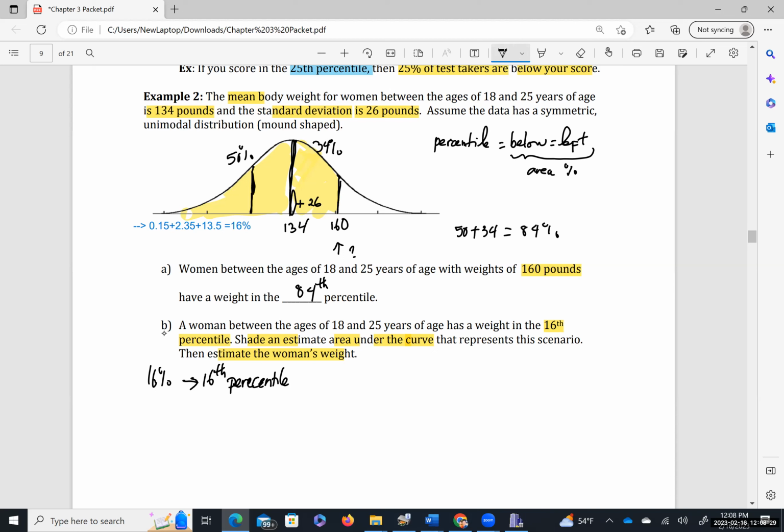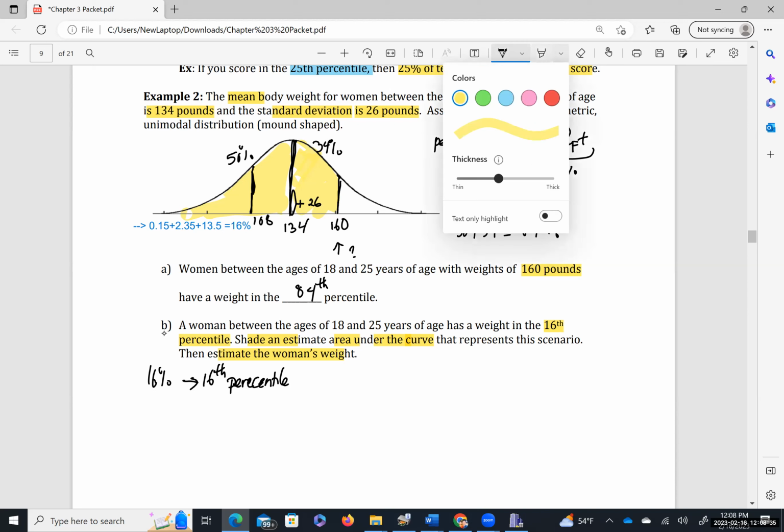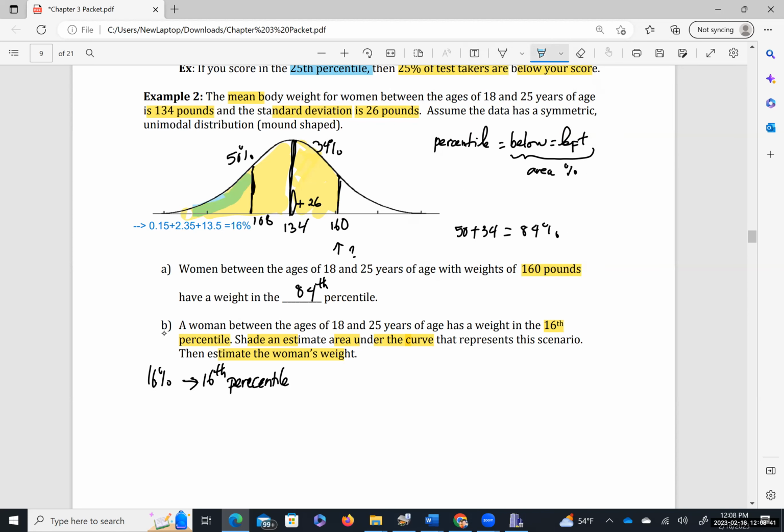So this is going to be 108, right? And I will shade this in blue. And that will cover 16%.